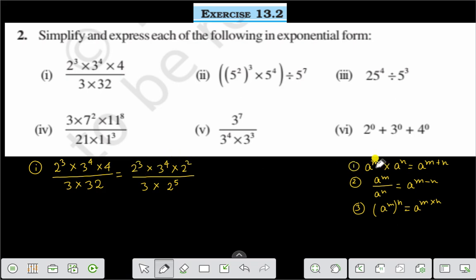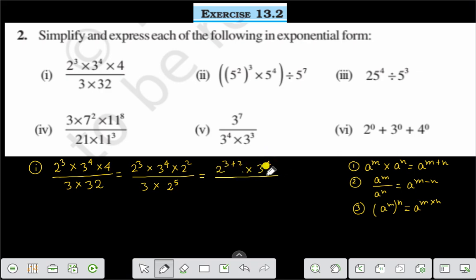We will apply this formula: a to the power m into a to the power n is a to the power m plus n. That is, we are getting 2 to the power 3 plus 2, and this is into 3 to the power 4.